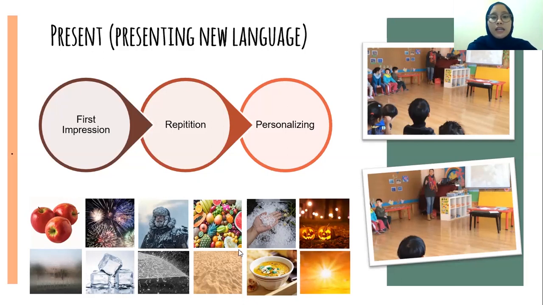And then the last is personalizing. In this step, the teacher describes the word or the noun with the children. By personalizing the word, it is very easy for students to remember.